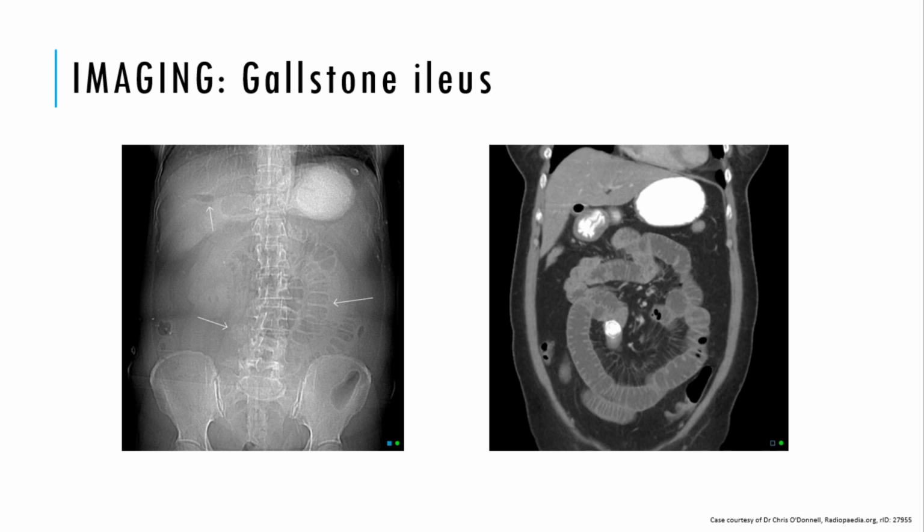As you can see on the CT scan, it is very easy to diagnose when you can see a big stone that has blocked the bowel. And again, as in the simple film, you can see some gas within the gallbladder.